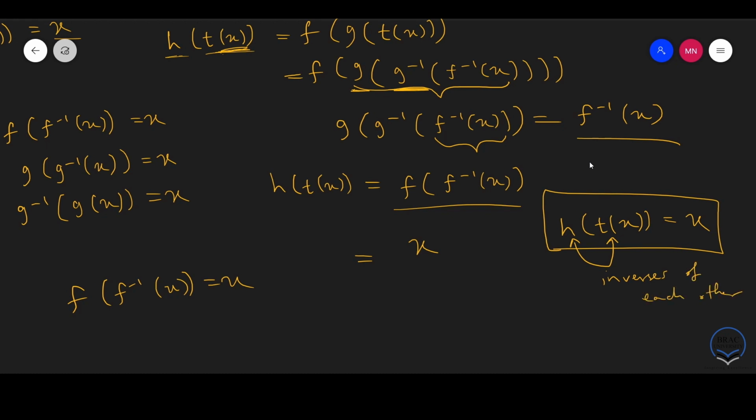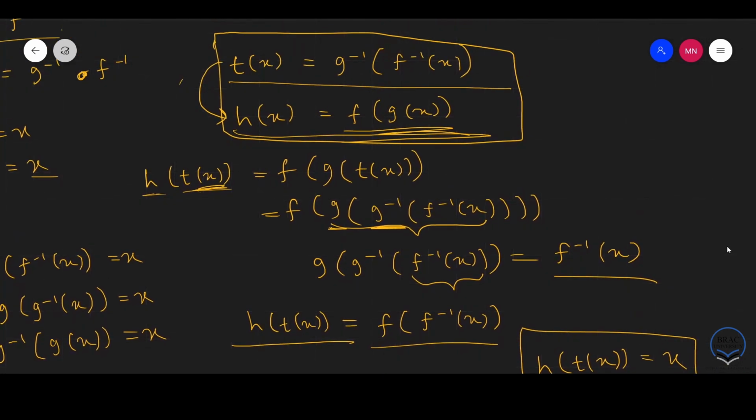Now similarly, we can show this the other way around, right? We showed h of t of x. We can also show t of h of x, right? So in this case, we have t of x as g inverse of f inverse of x.